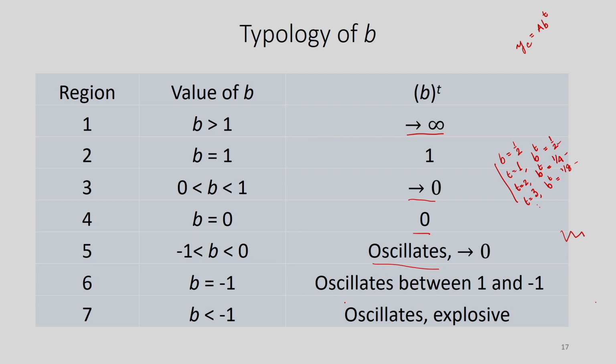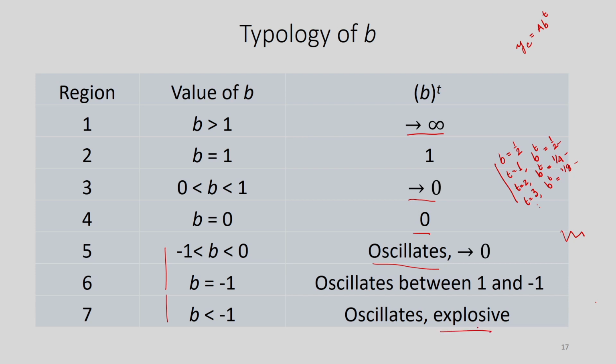Now, like before, in these two cases, the b to the power t was oscillating. Here also it will oscillate, right, because b is less than -1. So, you can think about b is equal to -2. In that case also, as t goes on rising, b to the power t will go on oscillating, but in this case it will be explosive.